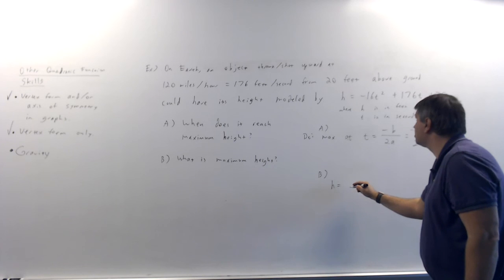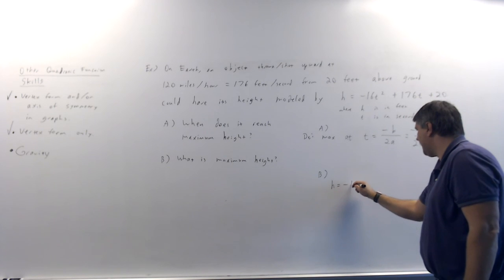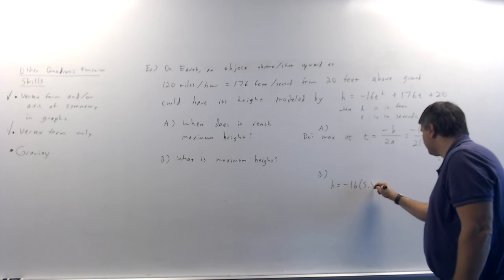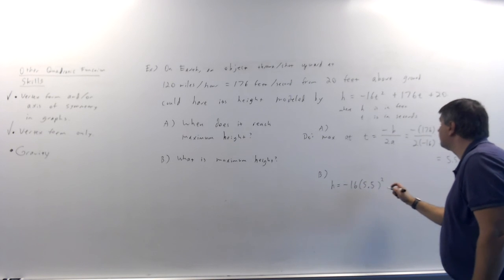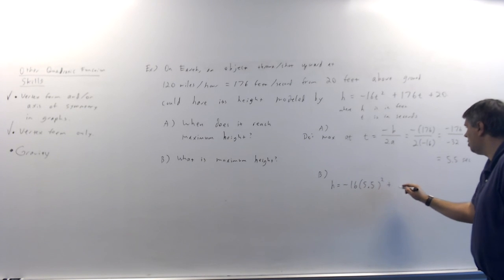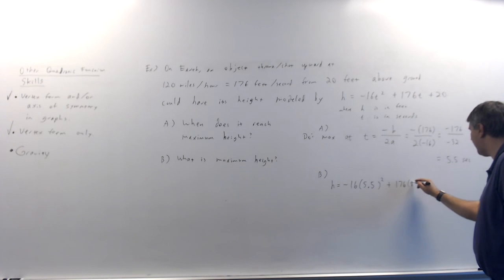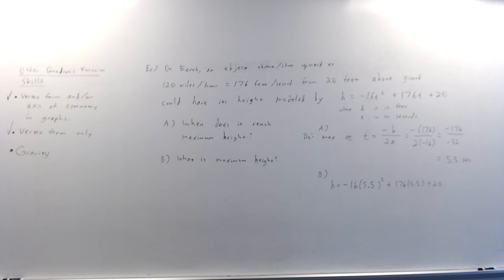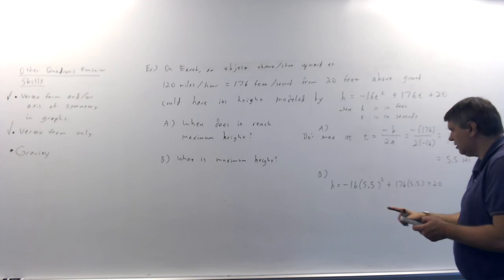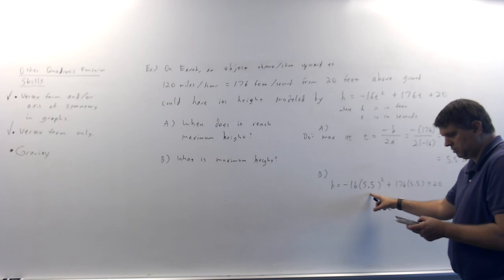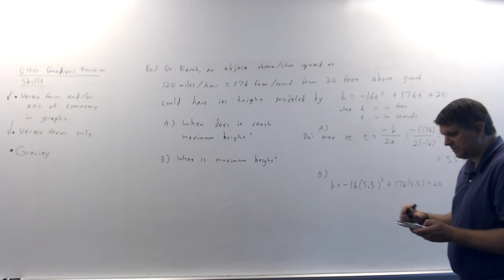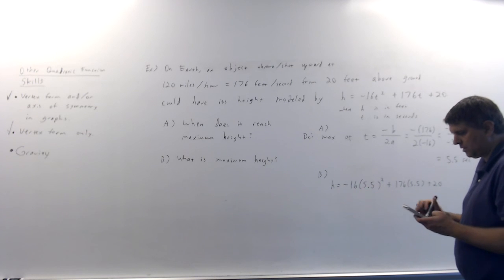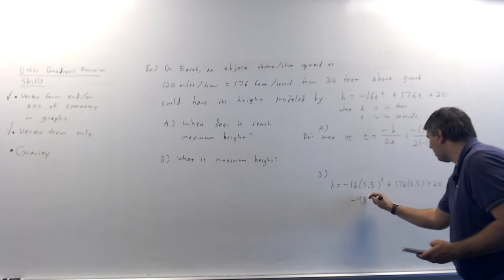Here's B. H equals, plug it in, negative 16 times 5.5 squared plus 176 times 5.5 plus 20. Okay? So 5.5 squared is 30.25 times negative 16, negative 484.